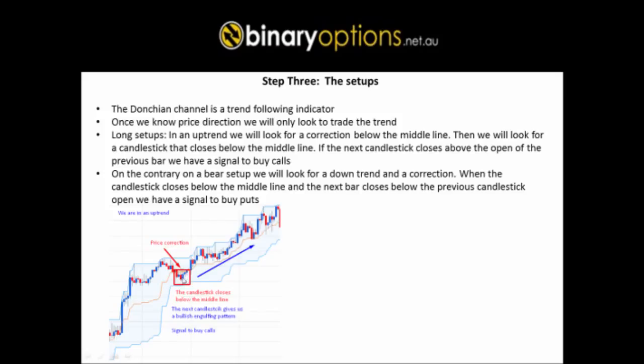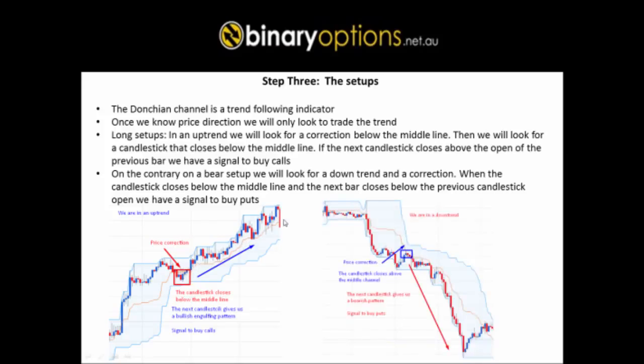Now on a downtrend, and this is a very steep downtrend, you have closes at the lower Donchian channel, and then we have a correction and a close above the middle line. The next candle gives us a bearish formation that signals a short setup, so we can buy puts on this asset, and as you can see, price continues to the downside.